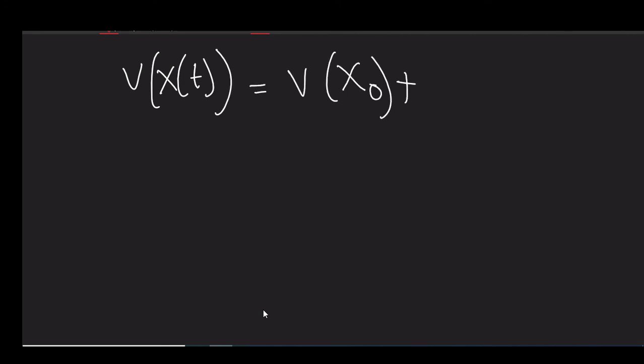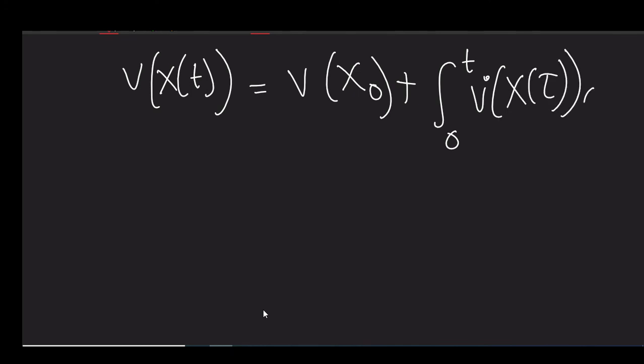So what we can write is V(x(t)) is equal to V(x naught) plus the integral from 0 to t of V dot x(tau) d tau.